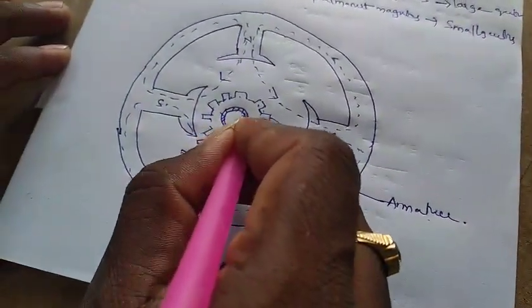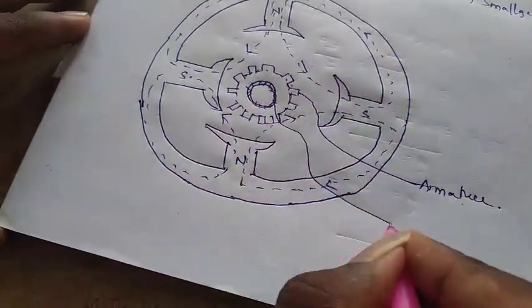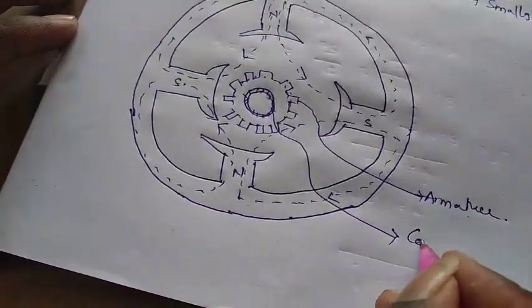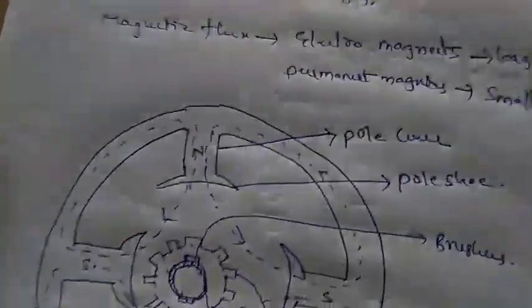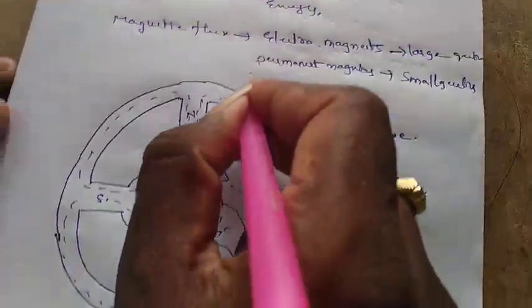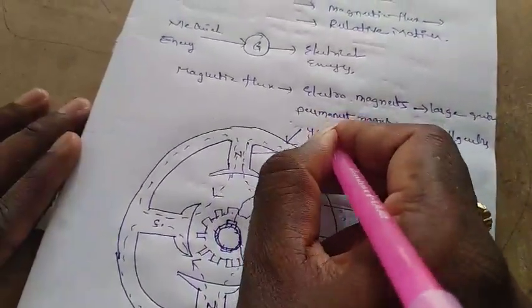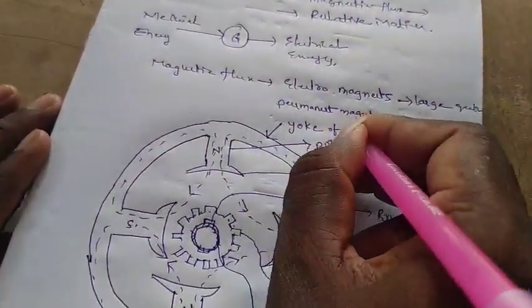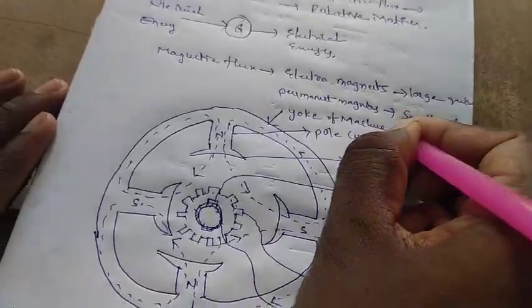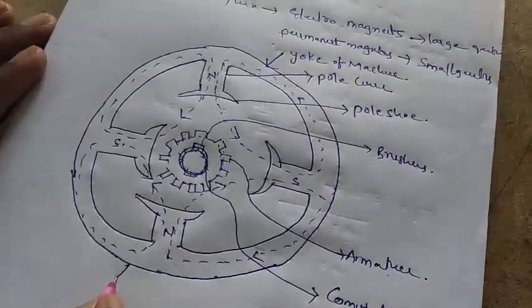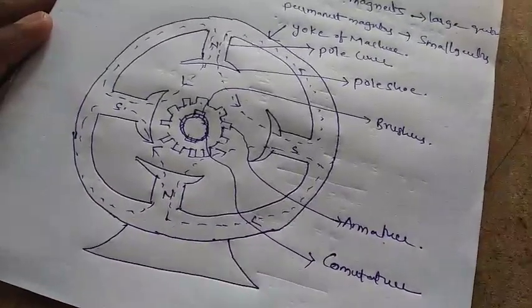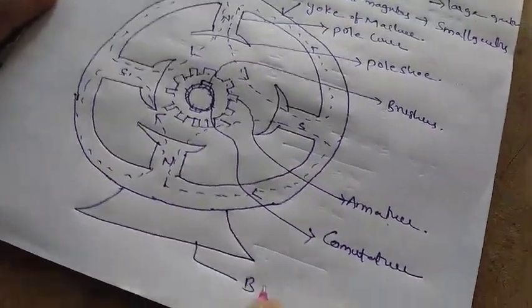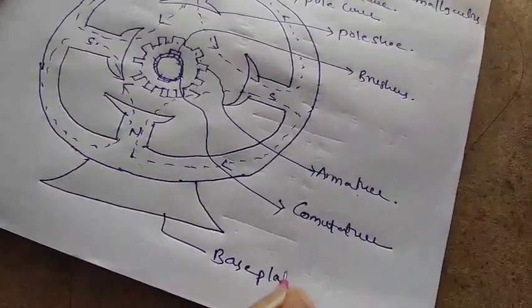What I am saying, this one is the pole shoe. It is called pole shoe. So this part of the machine is called the yoke of the machine. So this one is the base plate.